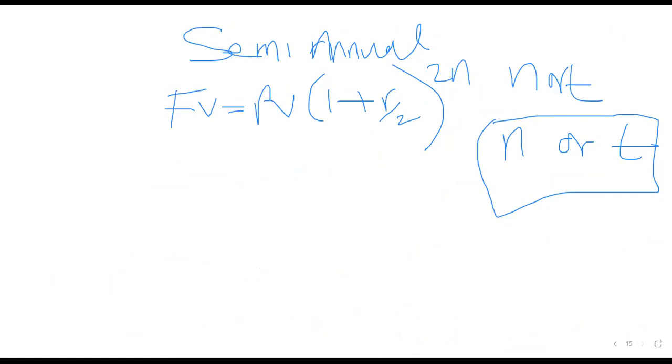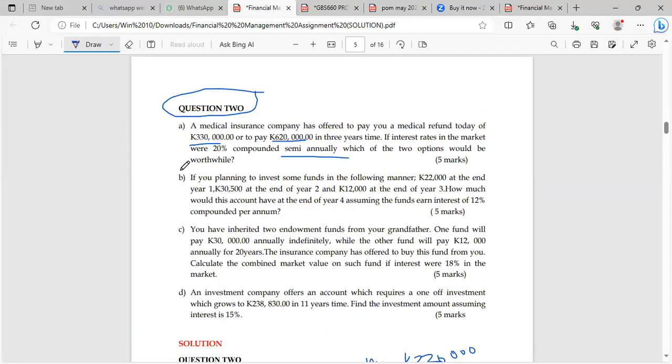To the other agenda. Let's look at this. If you're planning to invest some money in the following manner, 22,000 at the end of year 1, then 3,500 at the end of year 2, 12,000 at the end of year 3.